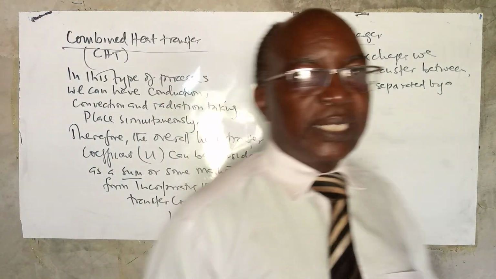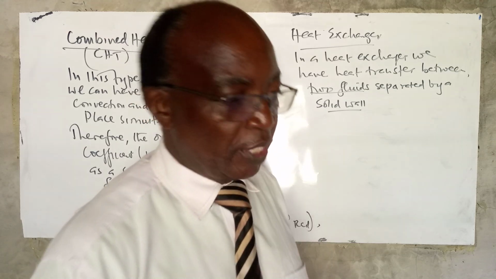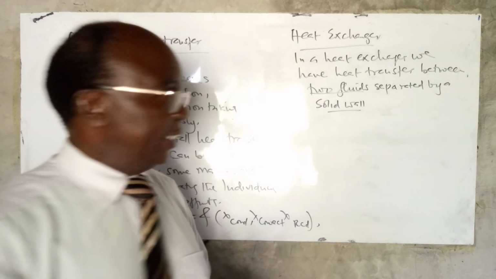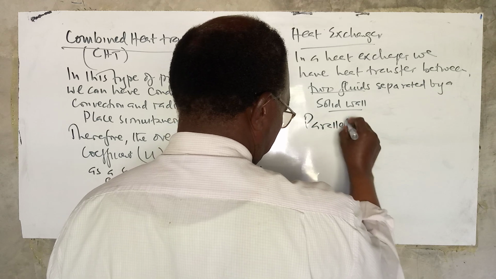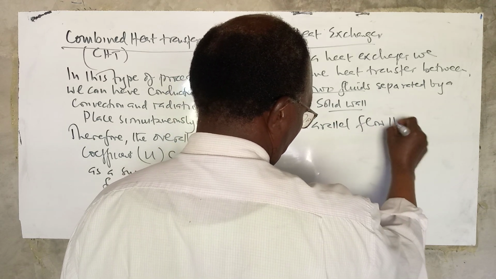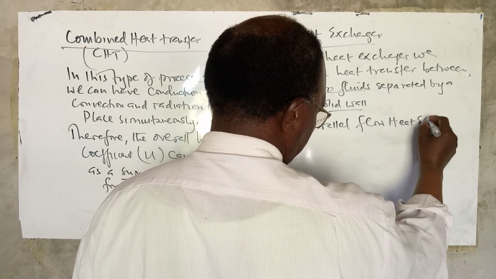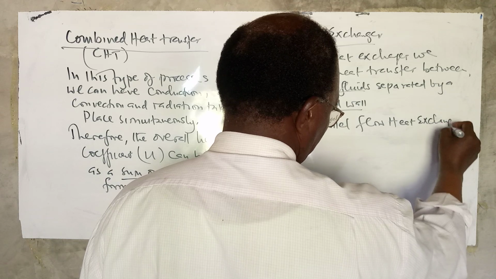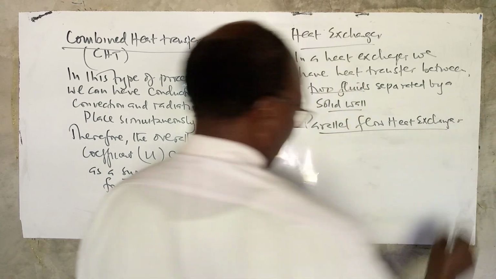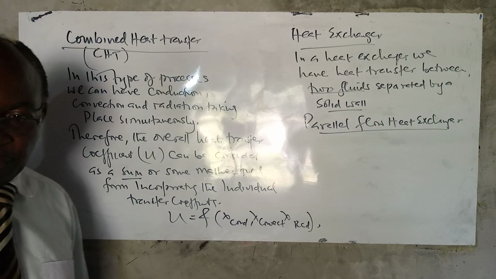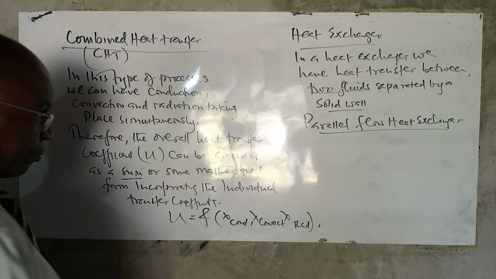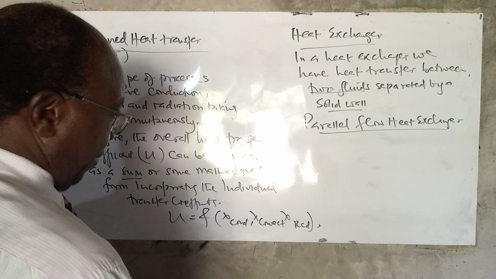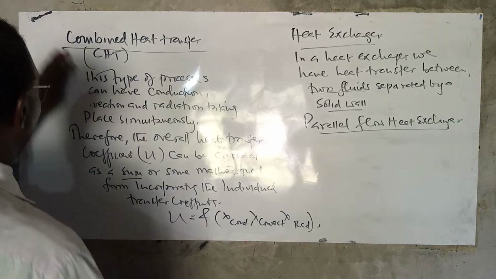Now, let us look at some forms of heat exchangers. We can have a parallel flow heat exchanger. And in a parallel flow heat exchanger, what are we dealing with?